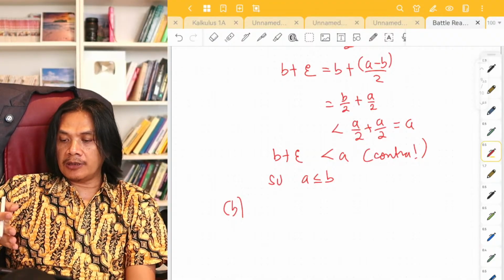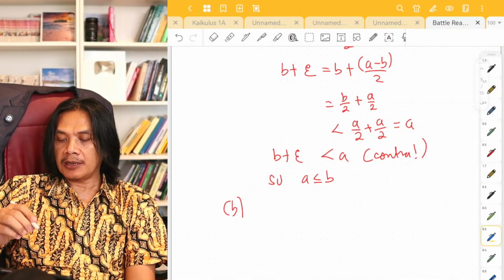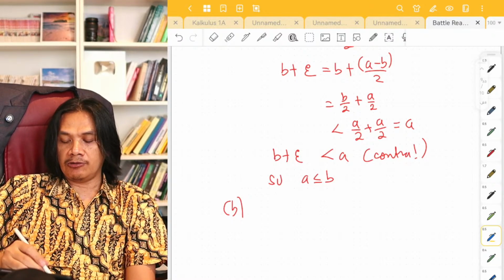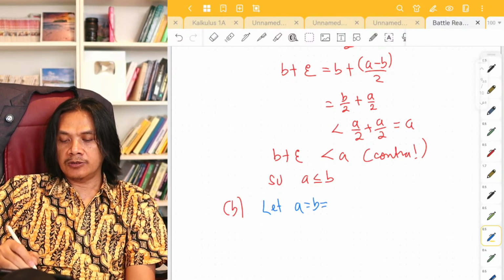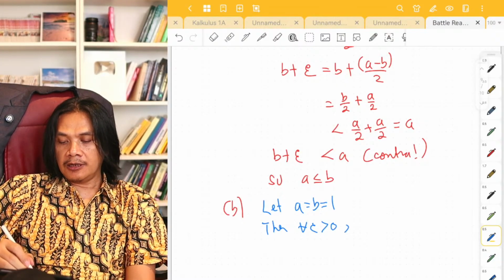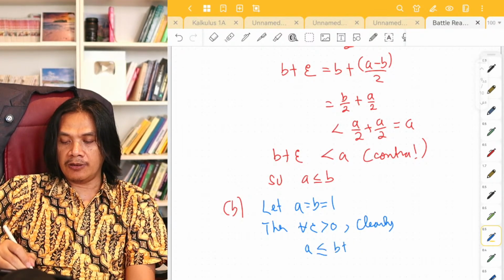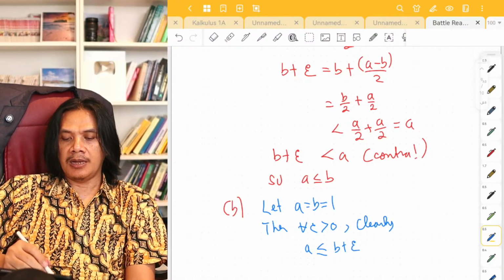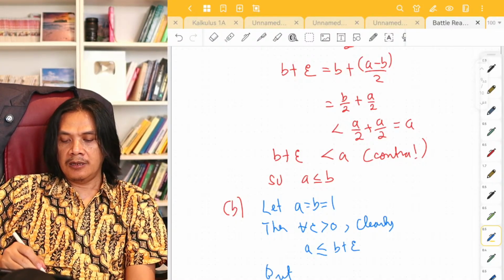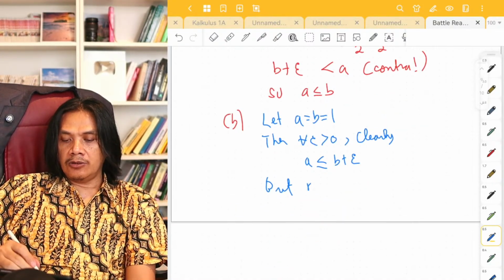But this is about a counterexample, so you better just pick a specific example. Let A equal B equal 1. Then for any epsilon positive, clearly A is less than or equal to B plus epsilon. But A is less than B is not true.